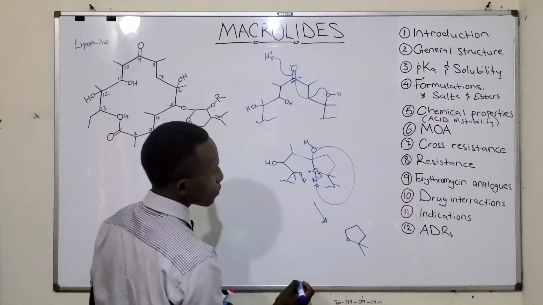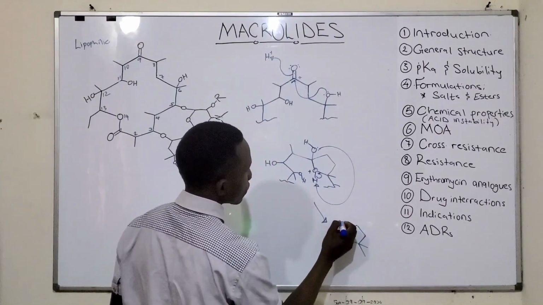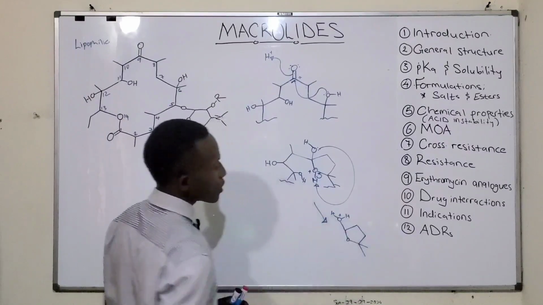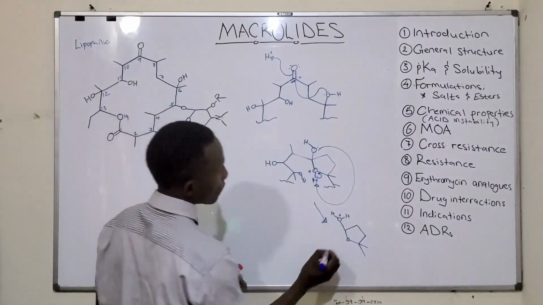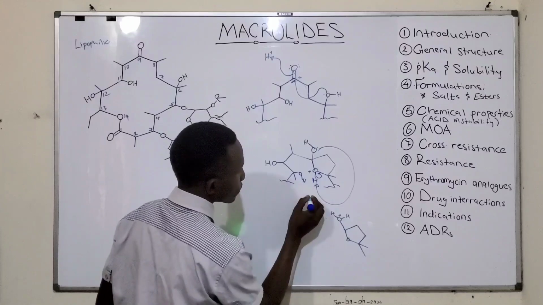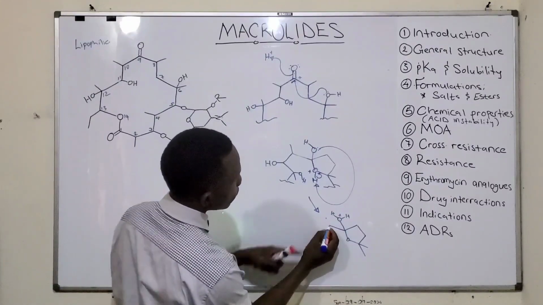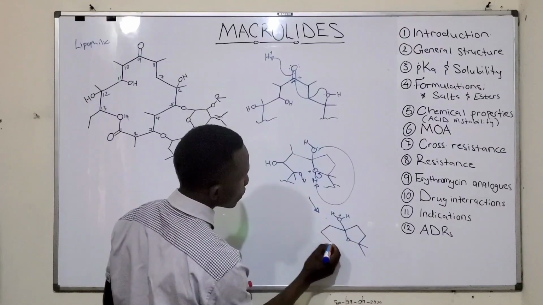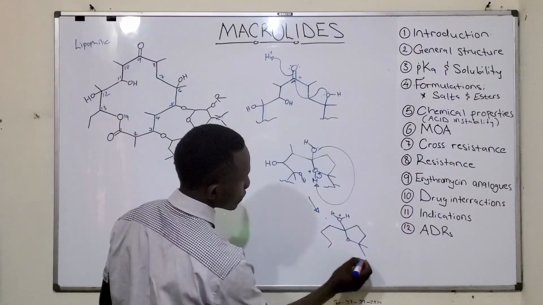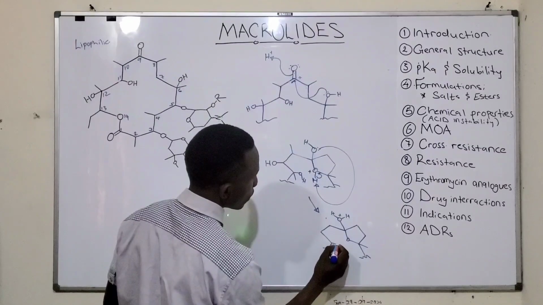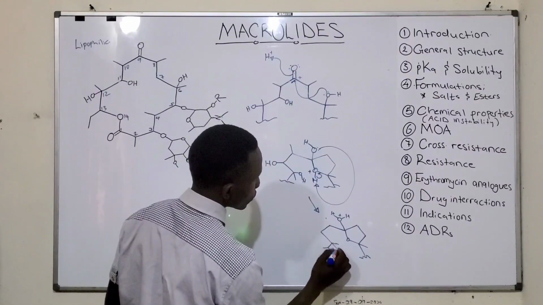We still have the methyl group there. This is O with 2 hydrogen atoms, but it's now unstable. We're having the carbon 10 now, carbon 11, and carbon 12 there. Here we have the methyl group and OH group.